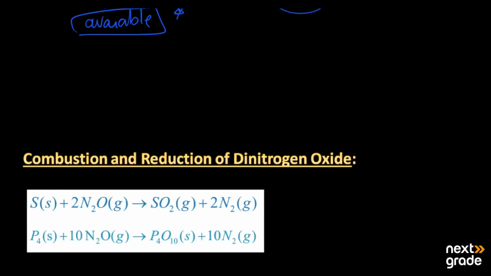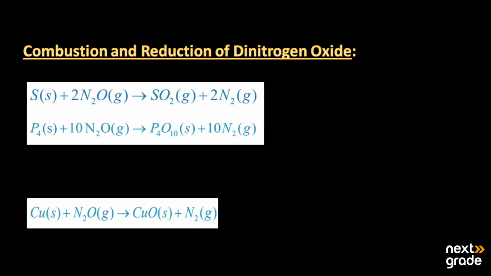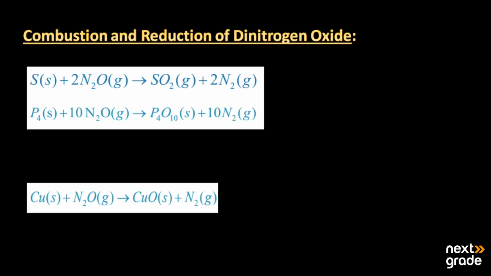After its physical properties, we have its chemical properties. The first one is the combustion and reduction of dinitrogen oxide. In the first reaction, we have simple dinitrogen oxide, whose formula is N2O. When dinitrogen oxide reacts with a substance like sulfur, which is in the solid state, what type of product is going to be made?